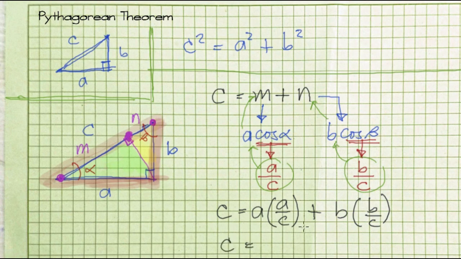So, simplifying, A times A is A squared, plus B times B is B squared, and then all over C. Okay? Now, i-multiply natin yung C dun sa kabila. If we transpose it to the other side of the equation, magiging C squared is equal to A squared plus B squared.